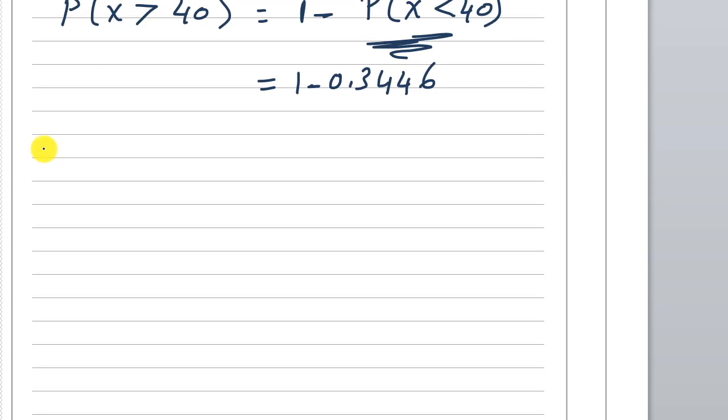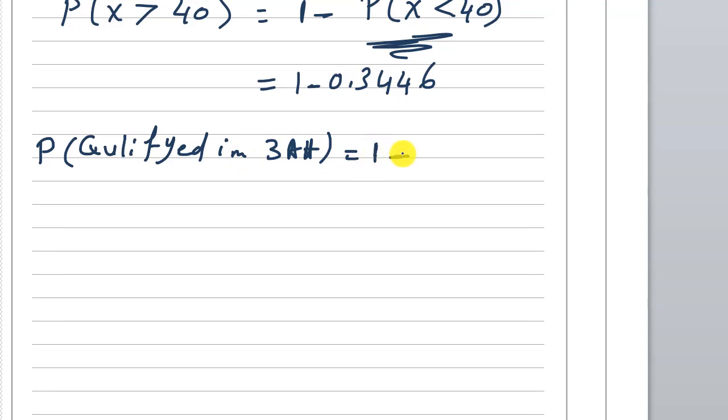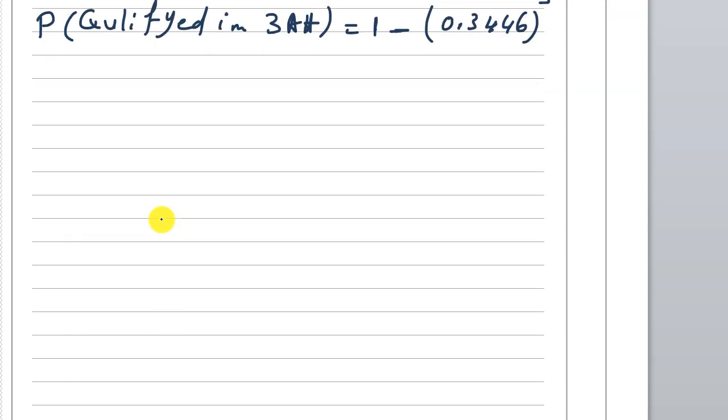Now the probability of qualifying in the 3 attempts is equal to 1 minus 0.3446 to the power 3. This is the probability she failed in all. 1 minus the probability she failed in all gives us that she qualified.